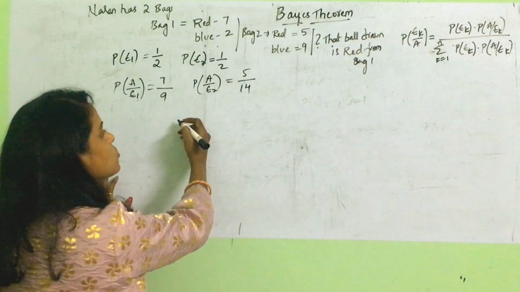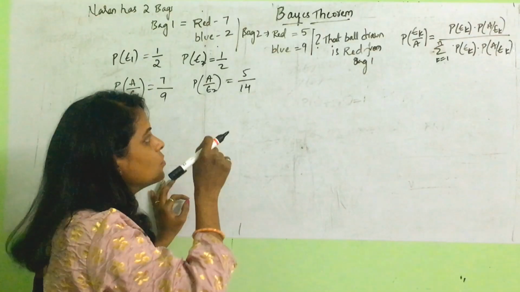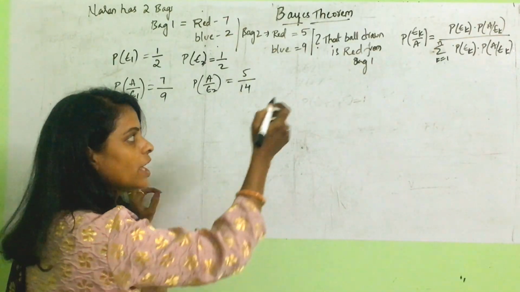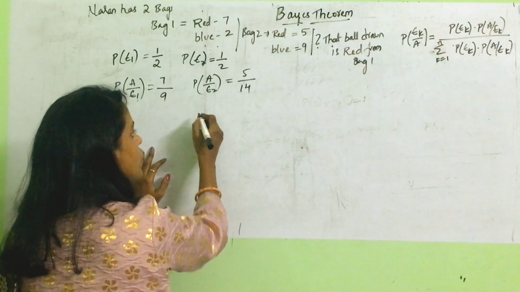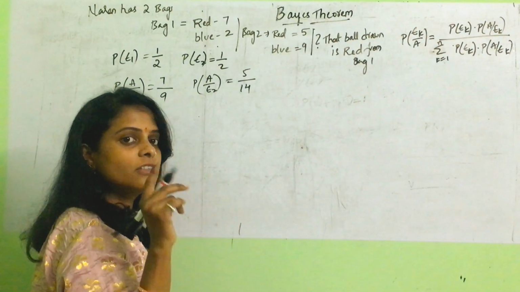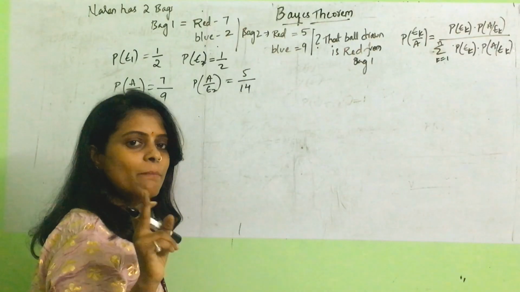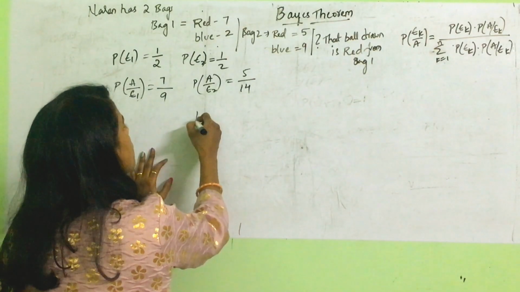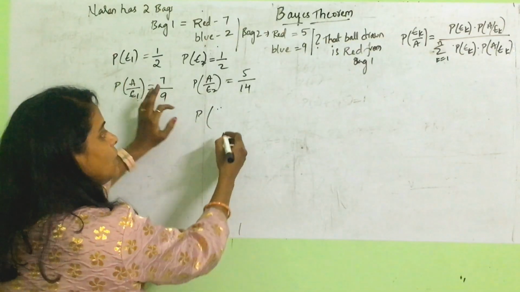Now what we have to do is check with the formula, the easiest way to calculate your Bayes theorem here. What are we finding out here? The red ball which we are randomly picking up will be from bag 1. Bag 1 is represented with E1.